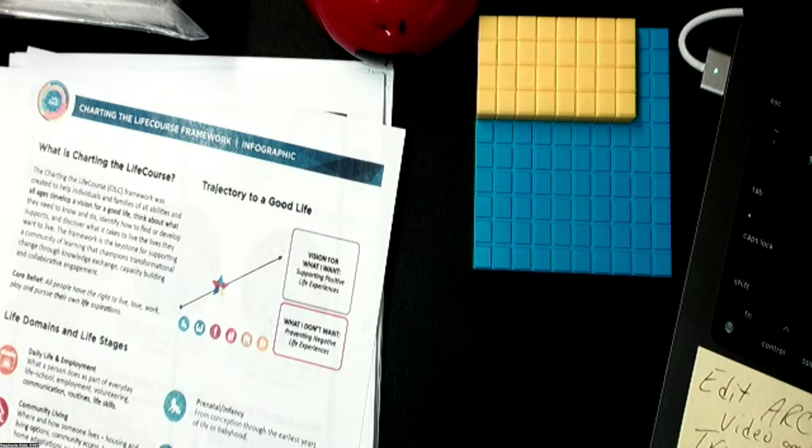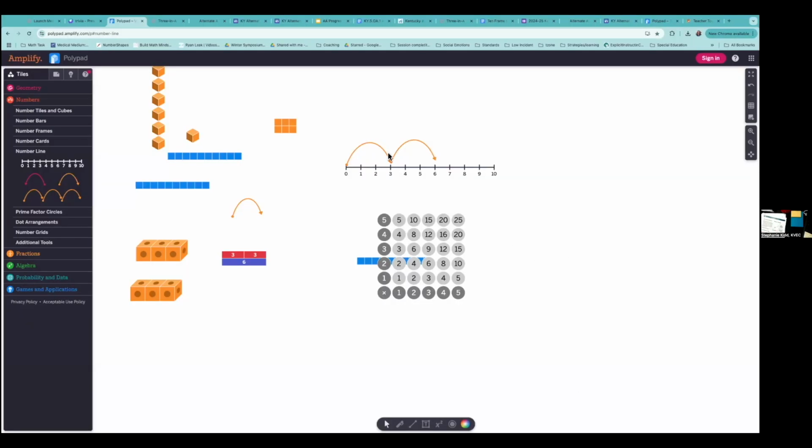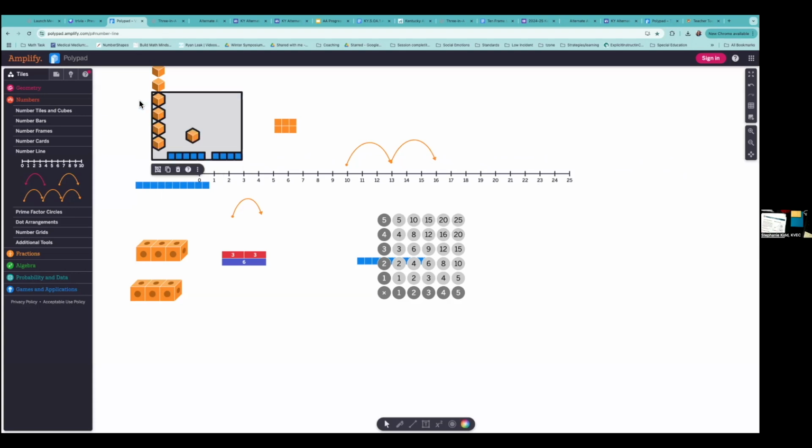And so if we're doing this and I'm wanting to get to 32, the cool thing about the number line on the polypad is we can extend it. I know you were probably wondering about that for those of you who have not used it. I'm going to get rid of some of the stuff real quick. You can actually highlight and delete very quickly some things.